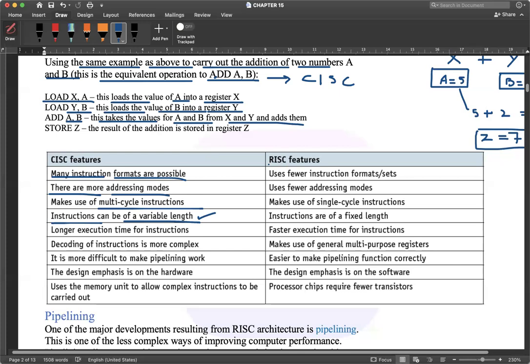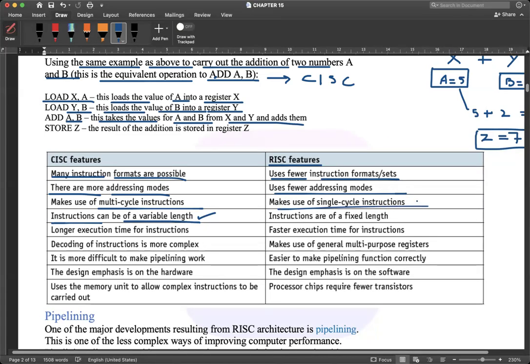Now, let's see some features of RISC. Number one, use fewer instruction format sets. In the start of the RISC processors, I told you they work on fewer instructions, right? Number two, uses fewer addressing modes. We have, I think, 4 to 5 addressing modes, and they are using a few of them. Number three, make use of a single cycle.